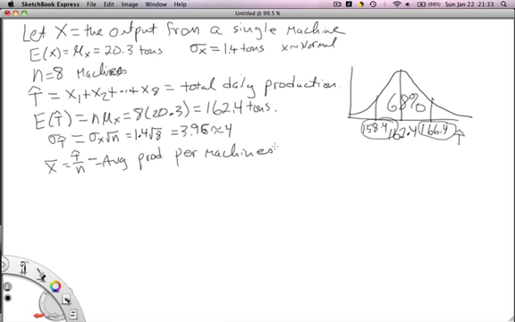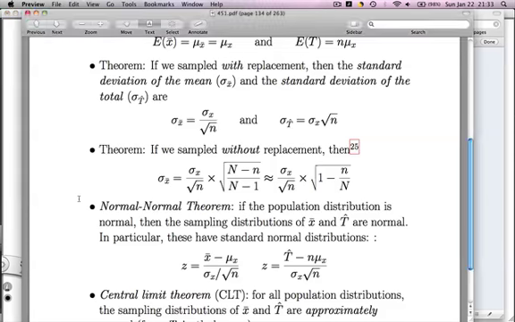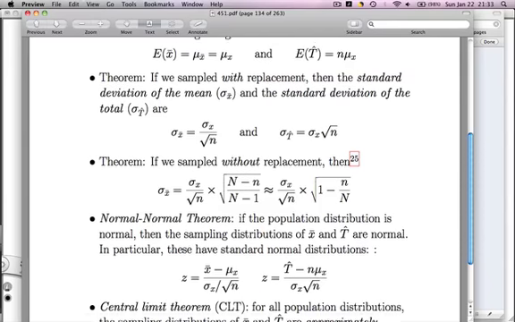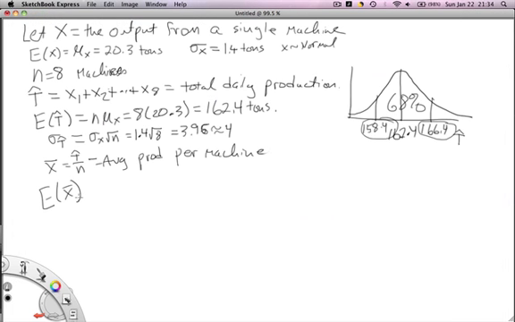Now the expected value of x bar is also given on this slide, and we see it's just mu. So on the average we get the truth. So the expected value of x bar is just the mean of x, which is 20.3 tons.